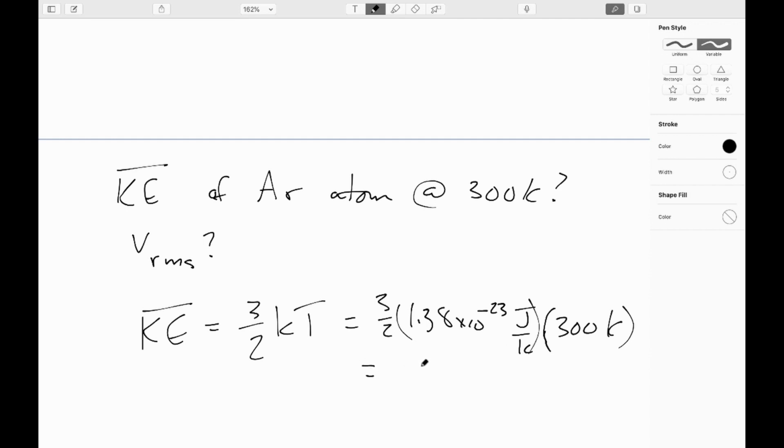Works out to be 6.31 times 10 to the negative 21 joules.